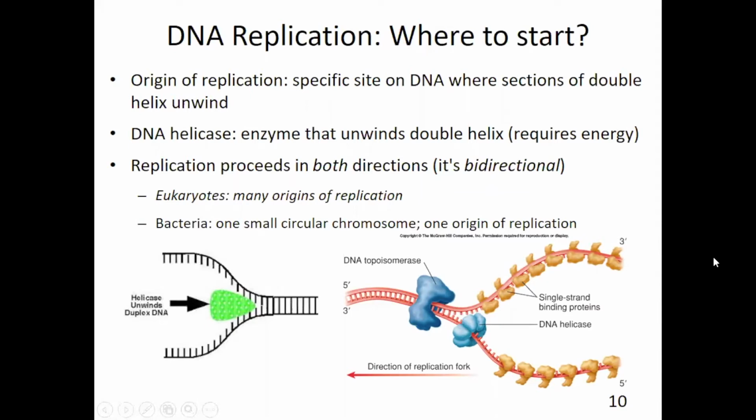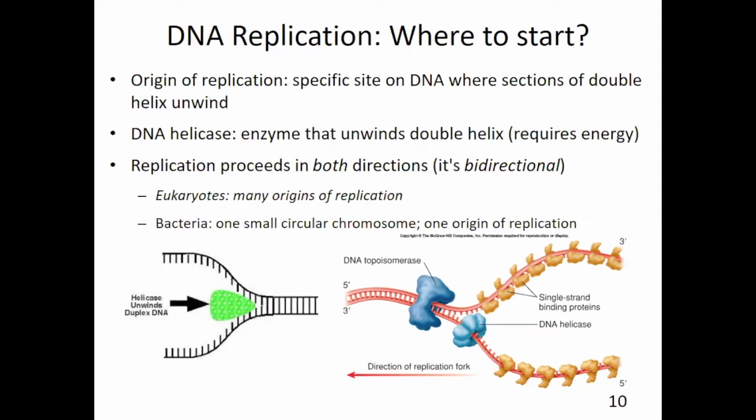So DNA is very long. And so the question is, where should we start? Well, let's start at the origin of replication. Super original name, I know, but this origin of replication is a specific location on DNA where the two parental strands are separated, and then enzymes can come in and synthesize the new strand.